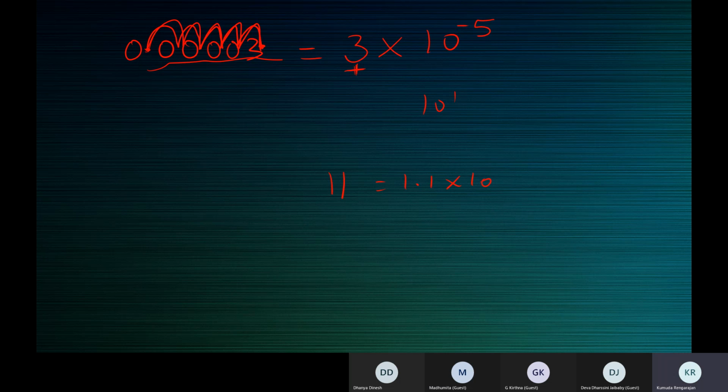If it's more than 10, because we're using a power of 10 here, the first part should be less than 10. Okay, ma'am, now I understand.